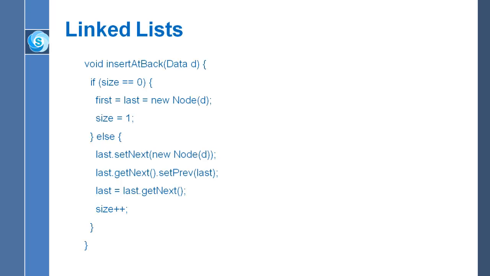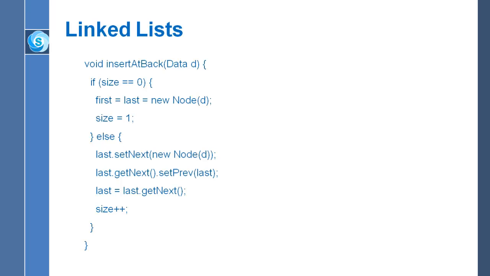And that's what's happening here, where it says first is equal to last is equal to new node. That's identifying the new node as both the first and the last node in the linked list. And then after that, size is getting set to 1, indicating that there is now a single node in the linked list. And that's it. That's what it takes in that case.